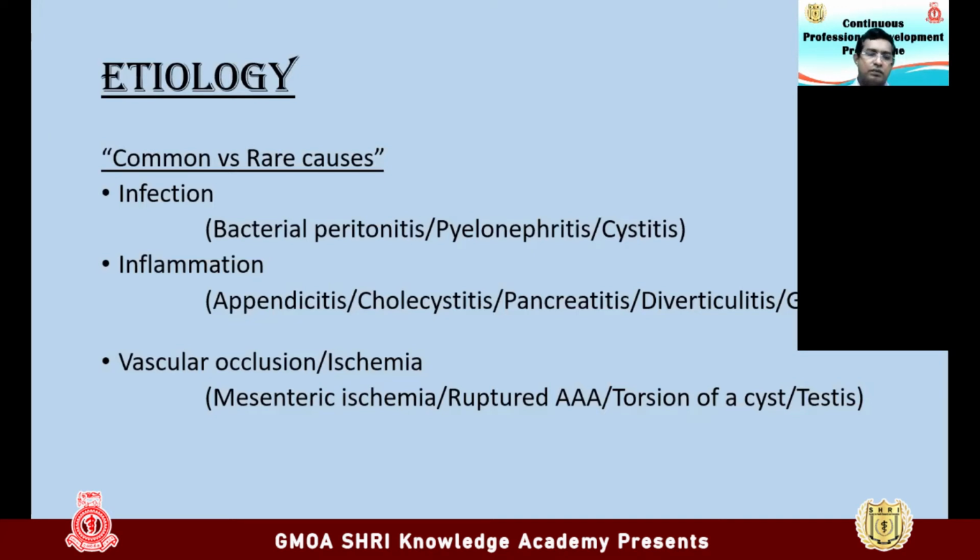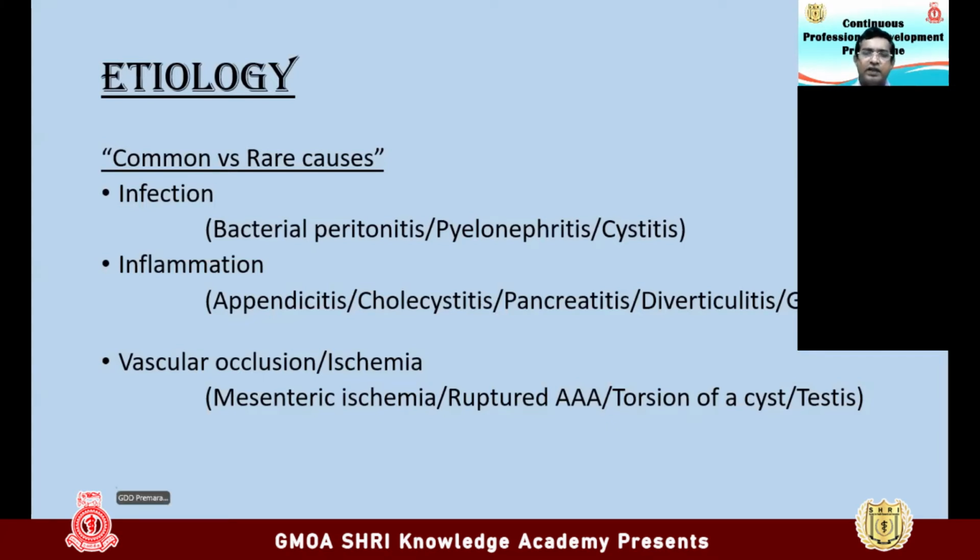So pathologically, we can categorize these things into infections. You may have seen patients with primary or secondary bacterial peritonitis, sometimes pyelonephritis, cystitis kind of things, and some inflammatory process.